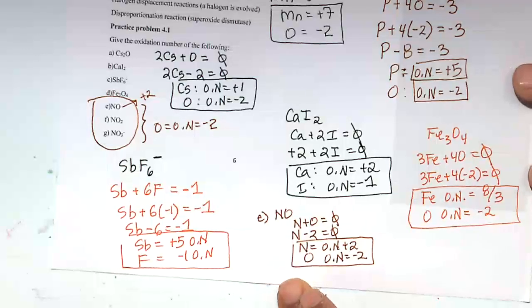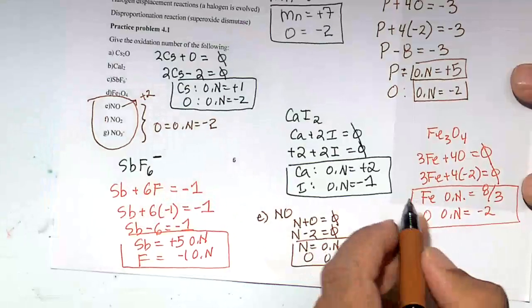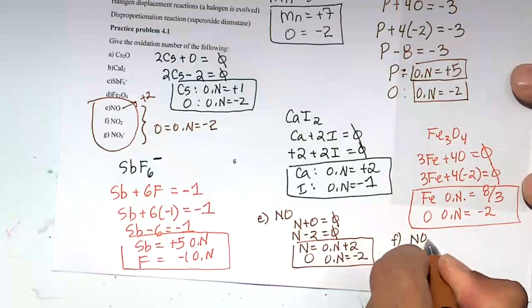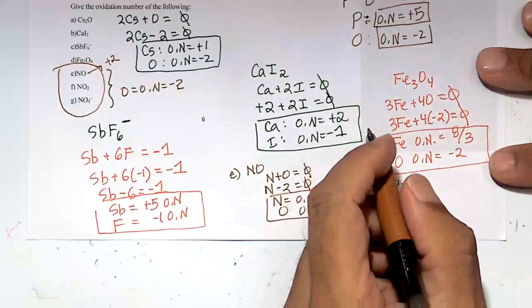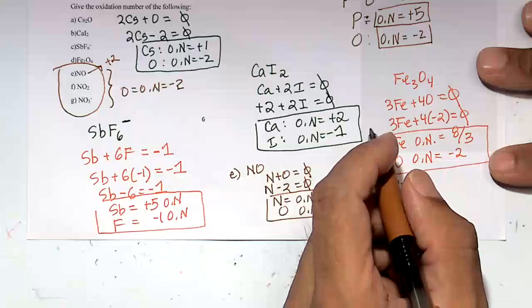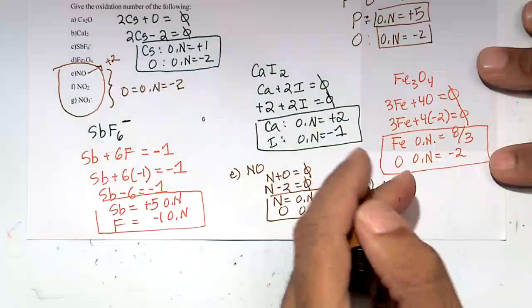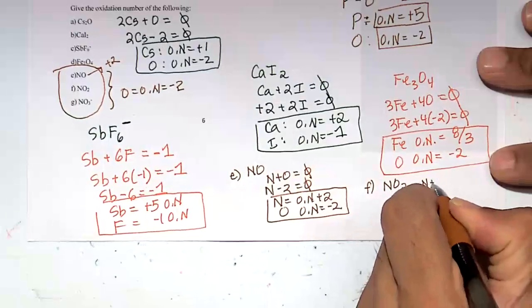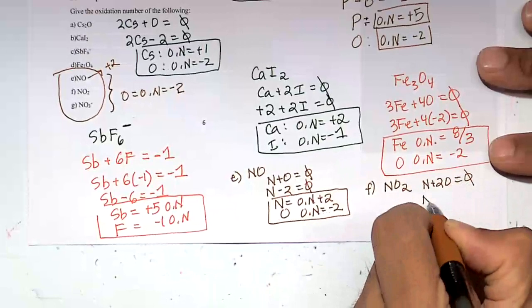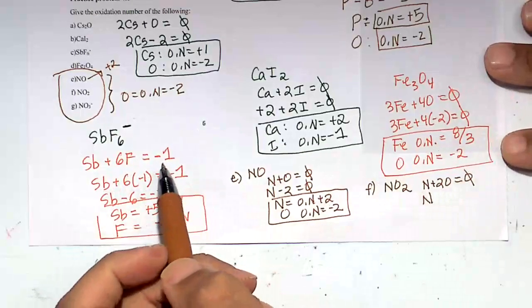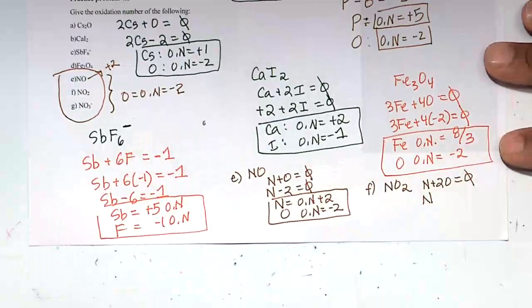Okay. Very strange. NO2. Okay, what do you think the nitrogen oxidation number will be in order to form nitrogen dioxide? Okay, so N plus 2O is equal to what's the total charge? Okay, oxygen, as we mentioned, will always be -2 in this class.